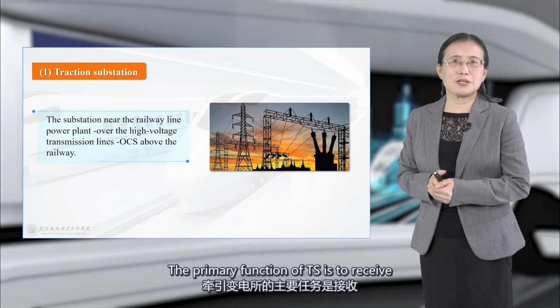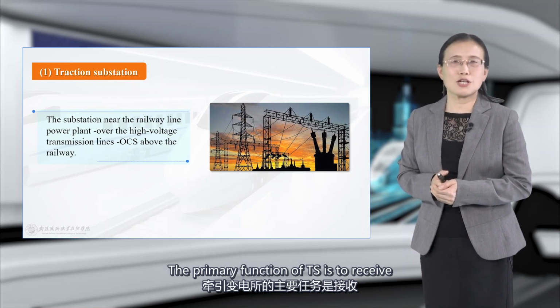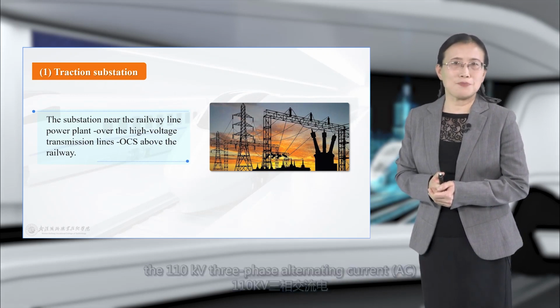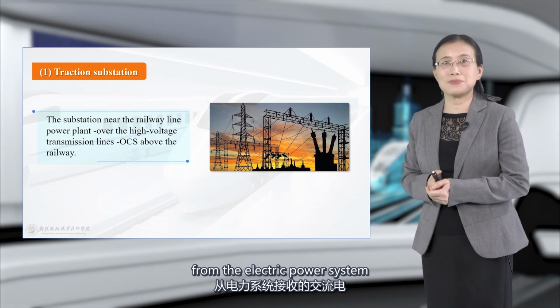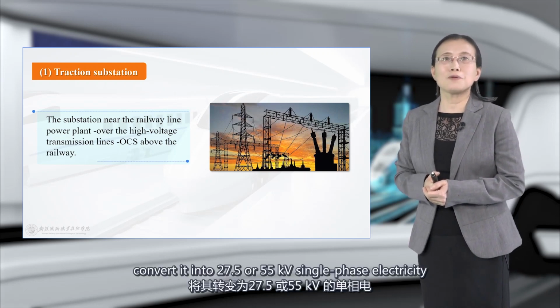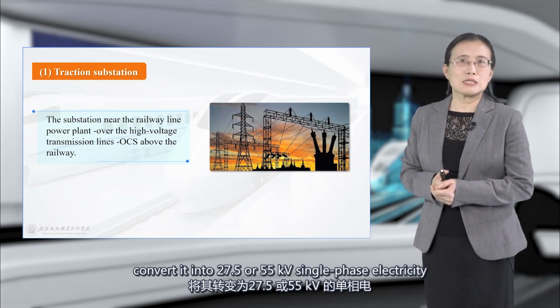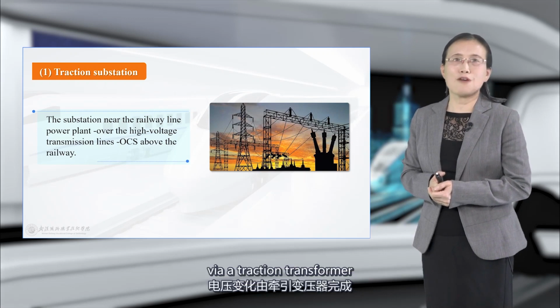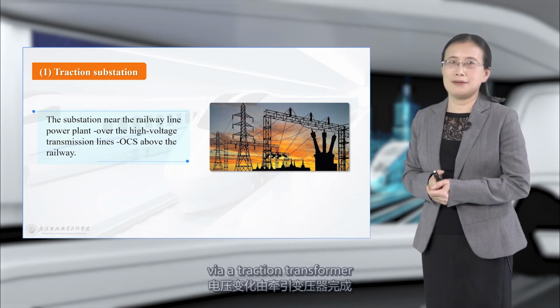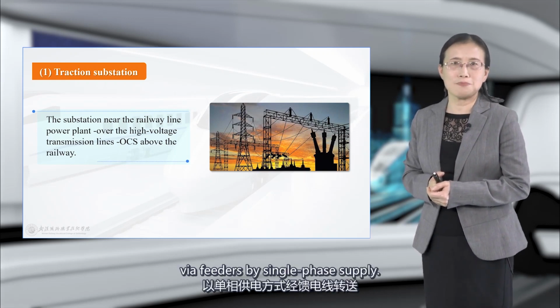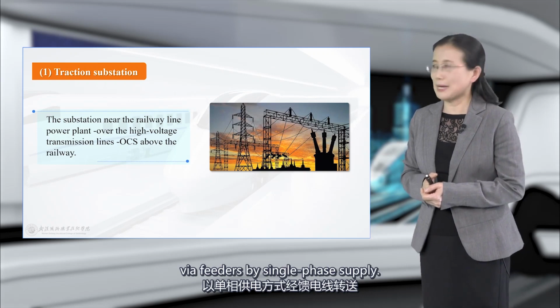The primary function of TS, traction substation, is to receive the 110 kilovolt three-phase alternating current from the electric power system, convert it into 27.5 or 55 kilovolt single-phase electricity via a traction transformer, and then transfer it to the OCS via feeders by single-phase supply.